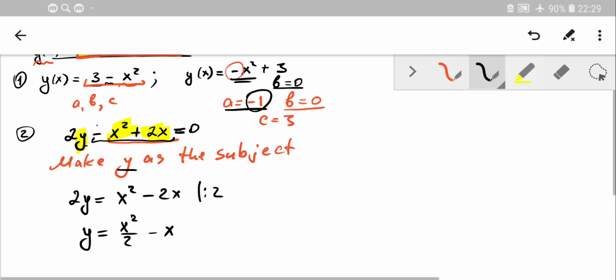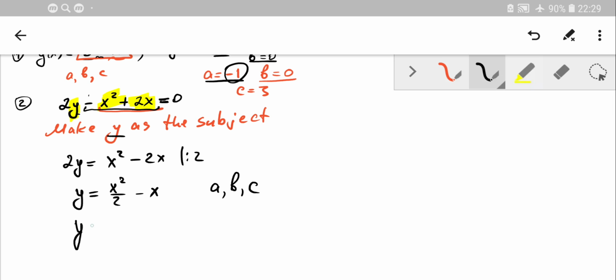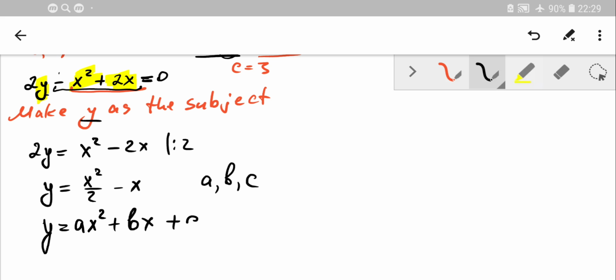As in the previous case, let's find coefficients a, b, and c. We know that the general equation should have the following form: y equals ax squared plus bx plus c, where a, b, c are just coefficients, some numbers. You need to give the values for them.